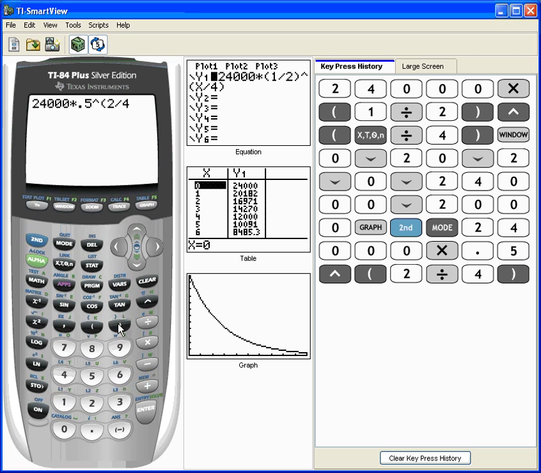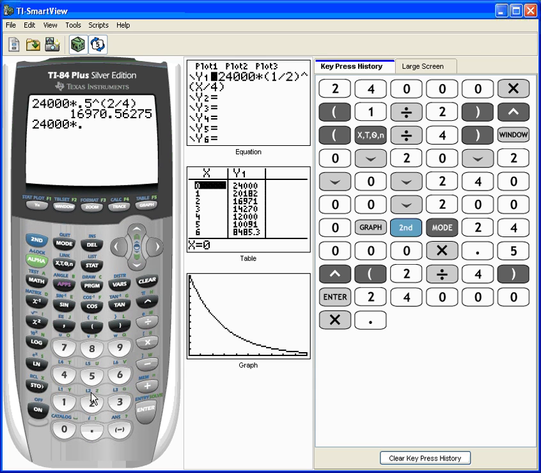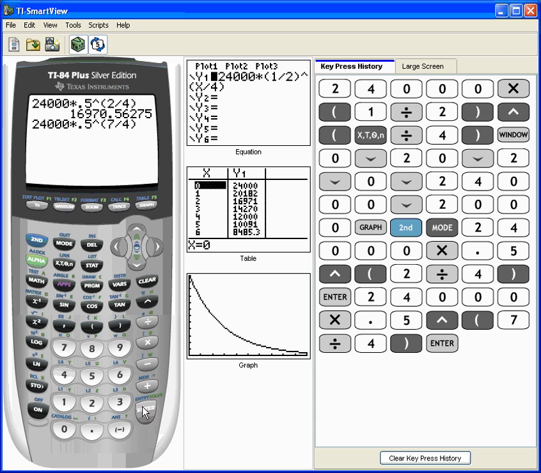Now you could do that in your head and say 0.5 again, and that's that value. If I want to do 24,000 and then times 0.5 caret to the, I think it was 7 years, I'll put in 7 divided by 4, close parentheses, hit enter, and that's that value. The car will go down to about $7,000, and I'll let you do it for the remaining one in the question.